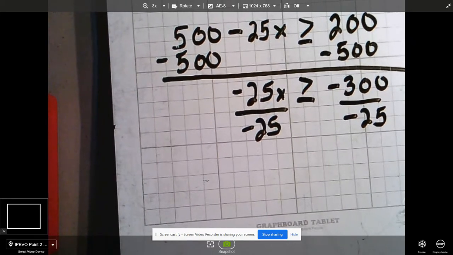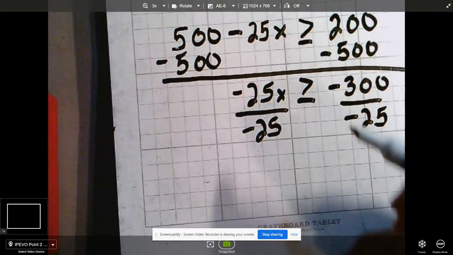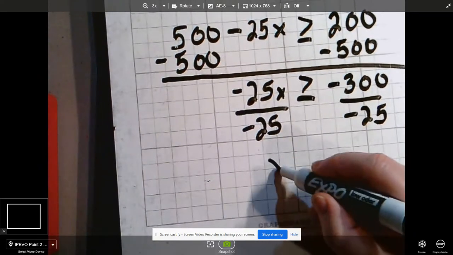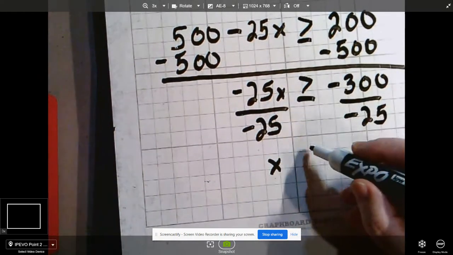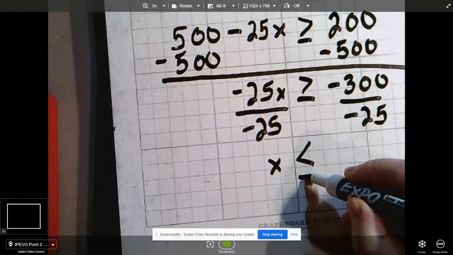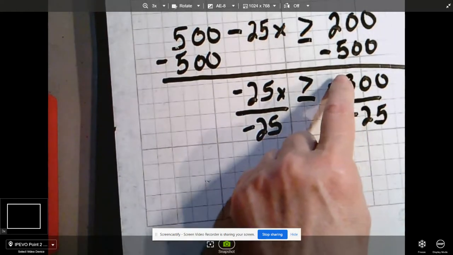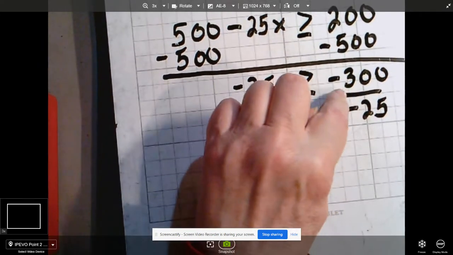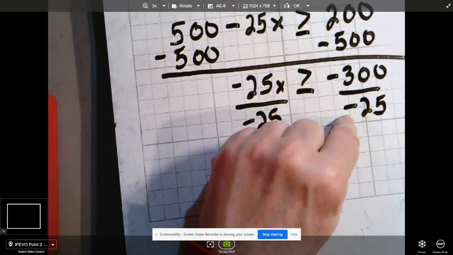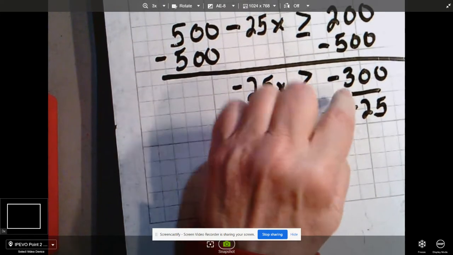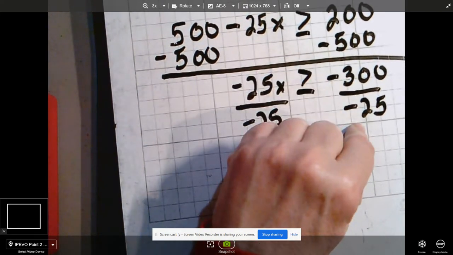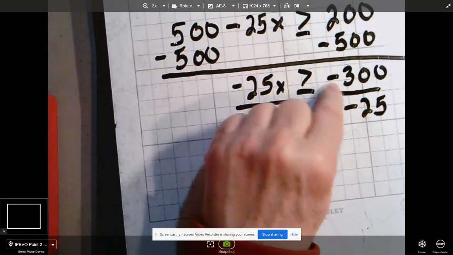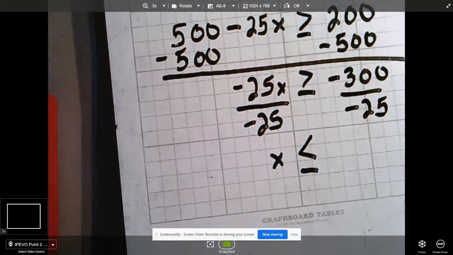So these will cancel out, and I'll have x, less than or equal to, well, negative 300 divided by 25. I'm going to have a negative divided by a negative, that'll be a positive. I know 100 divided by 25 is 4, but I've got 300 divided by 25, so that will be 12.